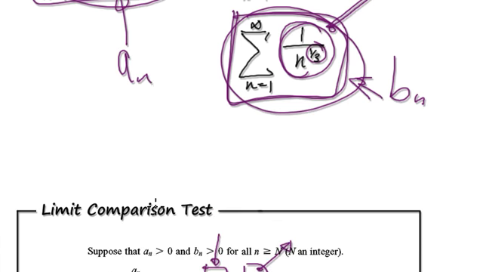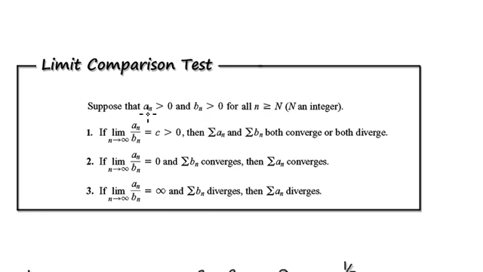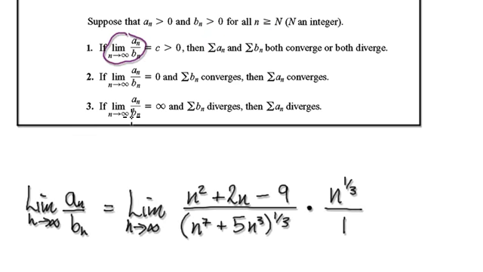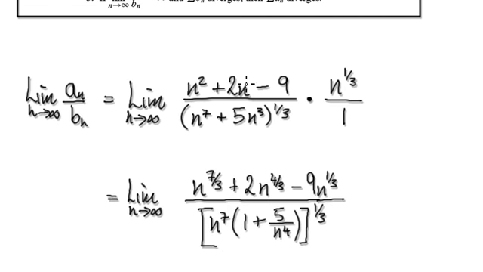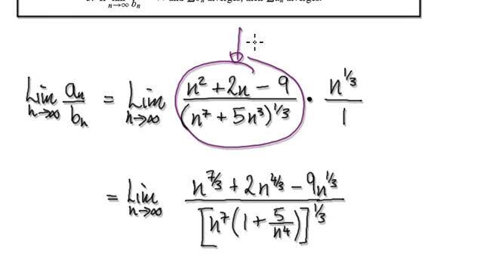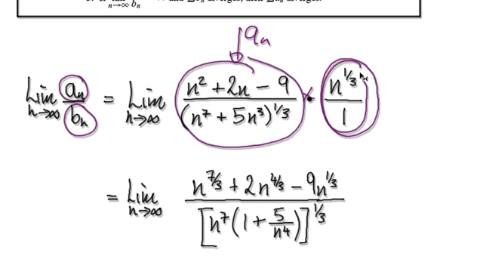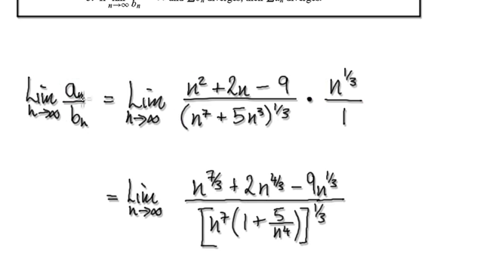Looking at the limit comparison test, we need to compute this value here. This is our an, so it's going to be an divided by bn, but dividing by bn is the same as multiplying by the reciprocal of bn, which is this thing here. So basically we are trying to compute this value.